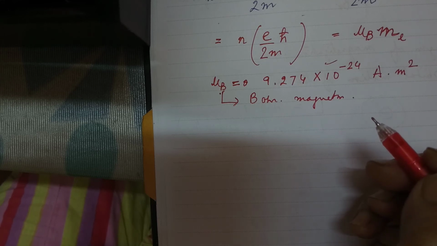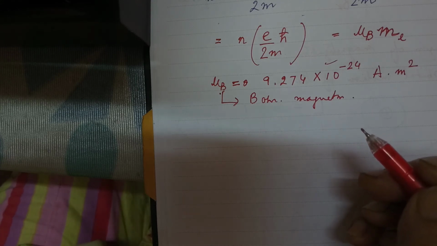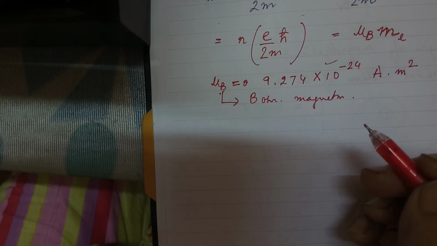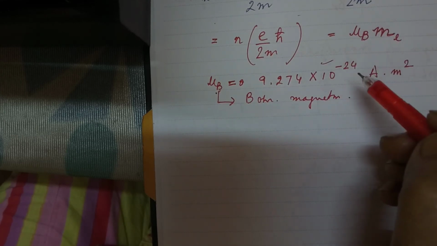The Bohr magneton is the elementary electron magnetic moment. It is elementary in the sense that no electron can have a magnetic moment below mu B. Mu B is the minimum. It represents the minimum non-zero value of the projection of the magnetic moment of the electron in an arbitrary direction. That means when ml is equal to 1.